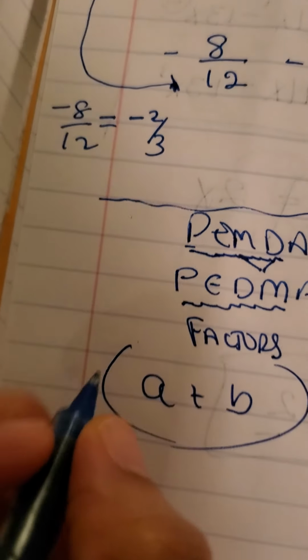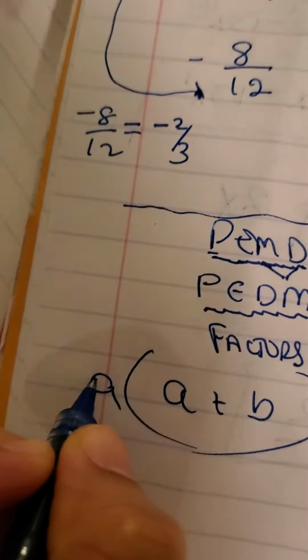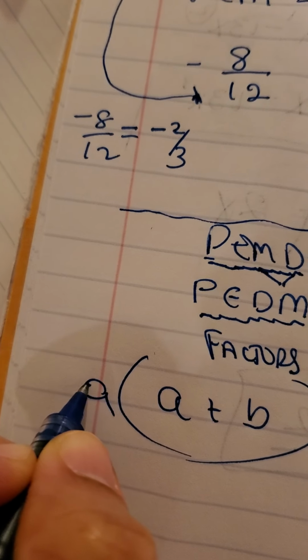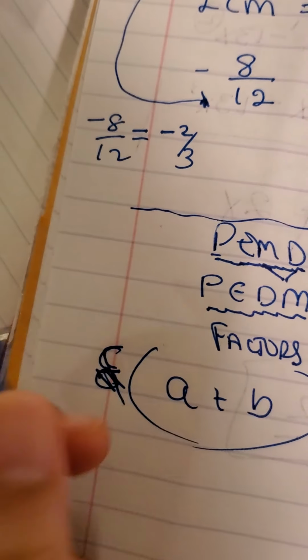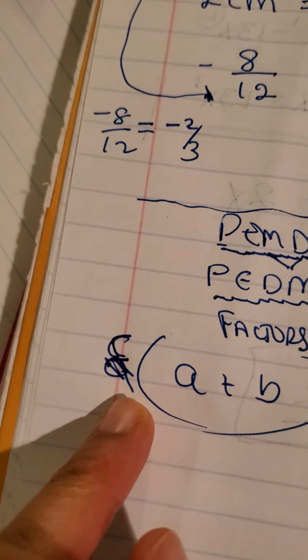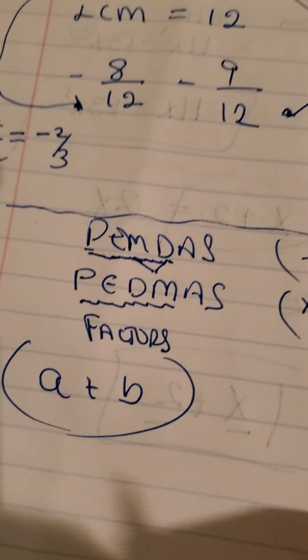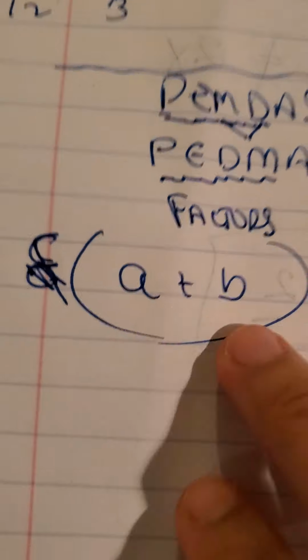That's how we can do a multiplication of terms, let me just put C here, by using the distributive property. So parentheses turn terms into factors, so you have to work with them first.